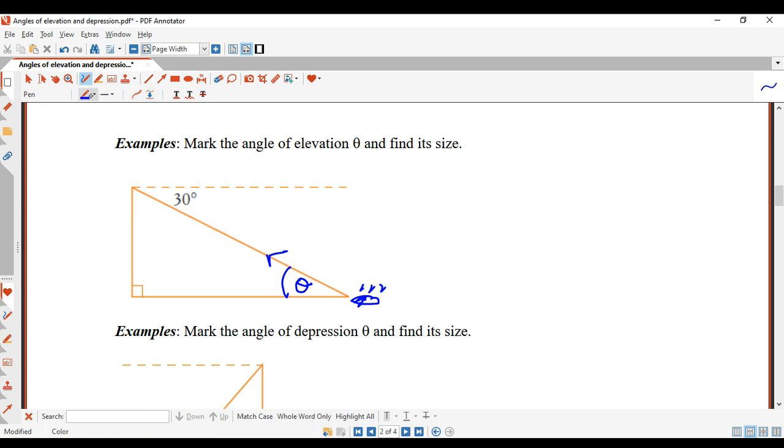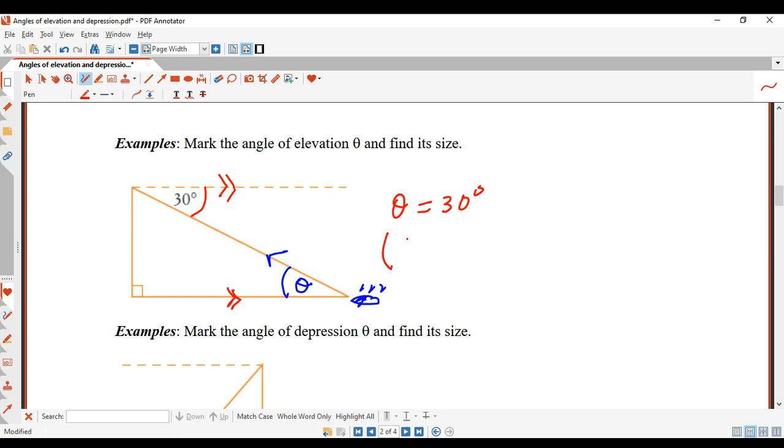Well, we know there's a pair of parallel lines in that diagram. There and there. And I've got to use double arrows because I use single arrows for that line there. So double arrows. So that angle there, 30 degrees, is equal to theta. So theta is equal to 30 degrees.